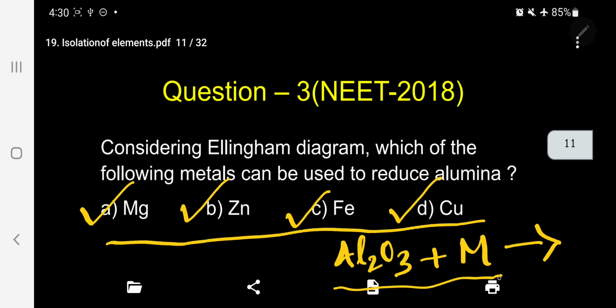What way do you have to think? This M metal is going to remove oxygen from aluminium. So what will happen now? The oxides of these metals should be more stable than the oxide of aluminum. Then only this is possible.